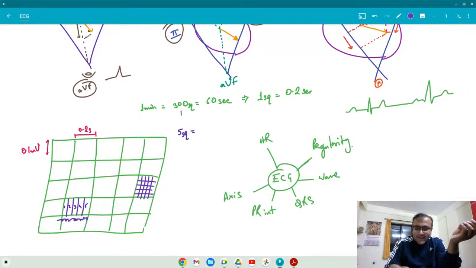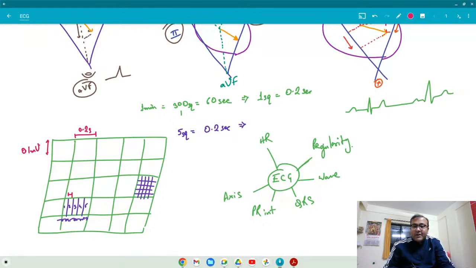So five small squares, where the rest of the people are gone or what? Okay, so five small squares are going to take 0.2 second. So that means one small square will take how much time?